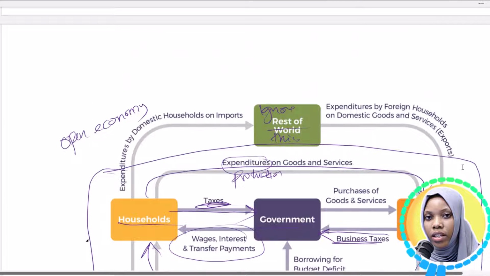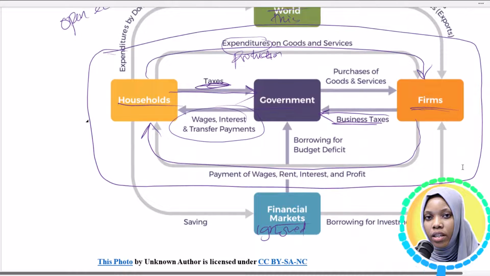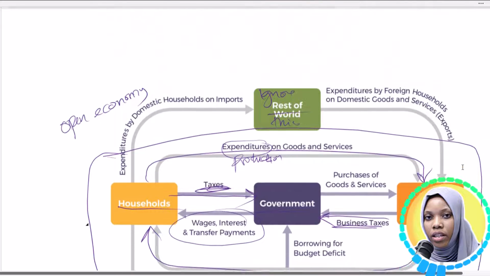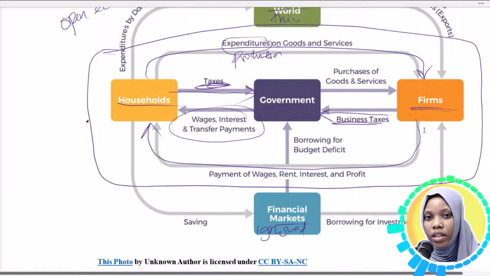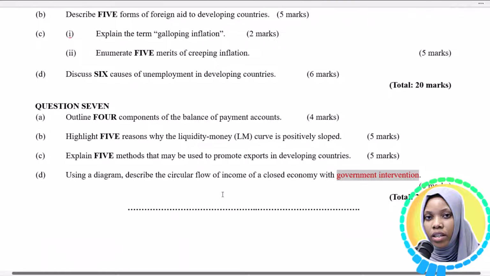That is what the government does with the taxes received from both the firms and the households. So that was how the circular flow of income of a closed economy with government intervention goes.